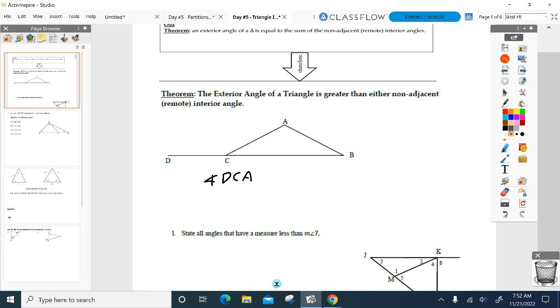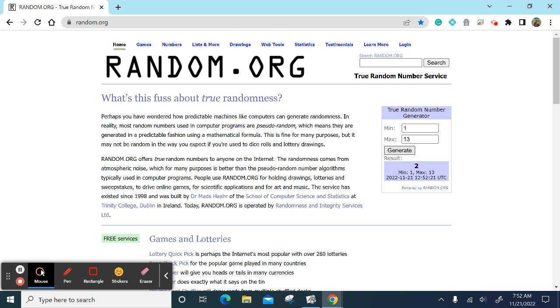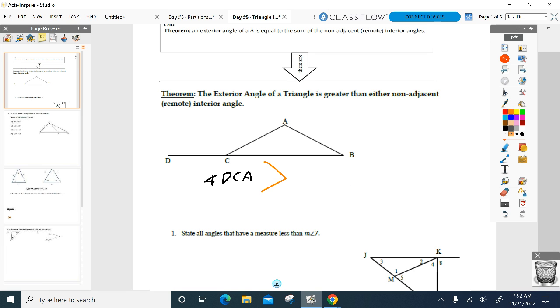So we're saying with this new theorem that DCA is going to be bigger than which angle by itself now? Give me one of the angles it's going to be bigger than. Angle B. Angle B by itself. And also, we're confident that angle DCA will also be bigger than what other angle here by itself?